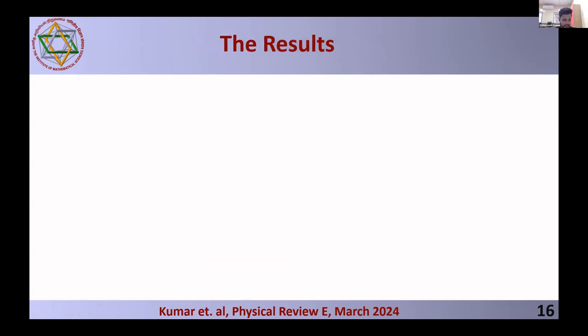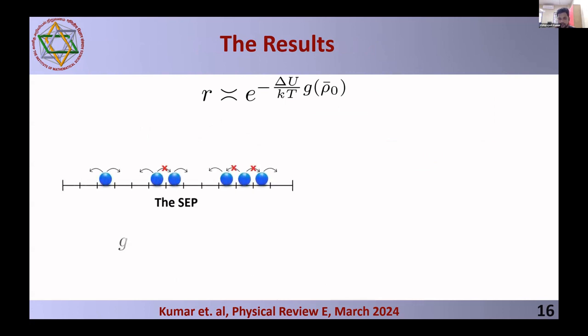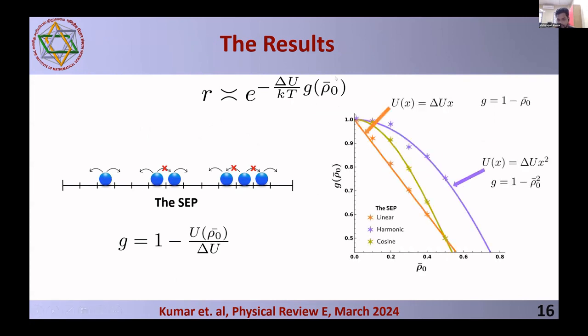So now I discuss the result model by model. The first model is the simple exclusion process, where we found that this G is actually 1 minus U at rho 0 bar over delta U. Please see this plot where we have taken three different potential landscapes: linear, harmonic, and cosine.